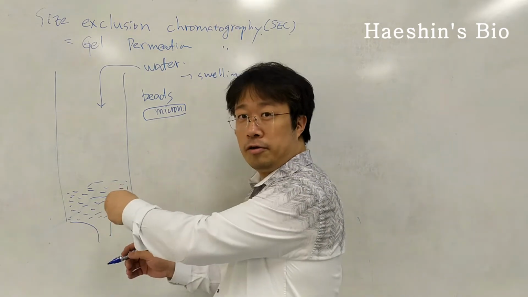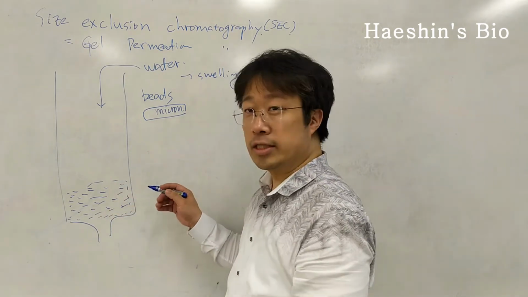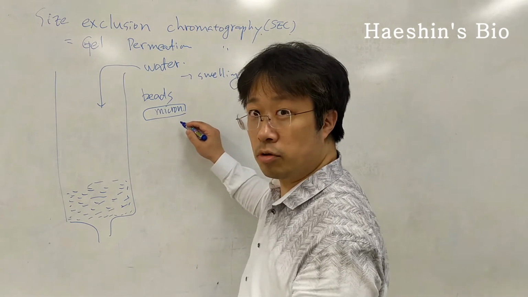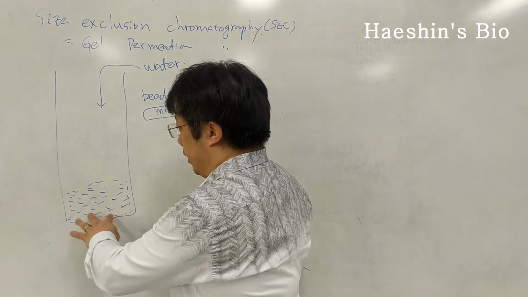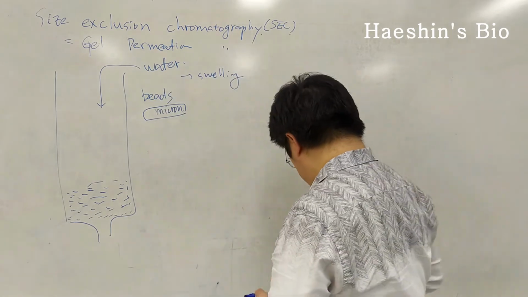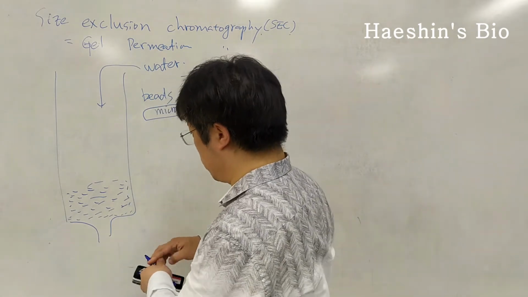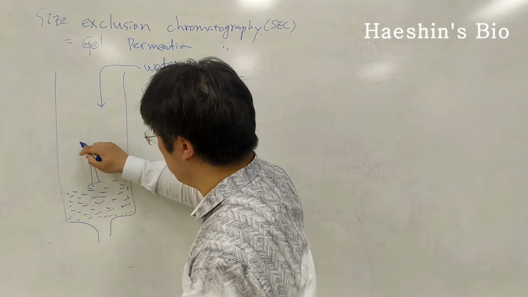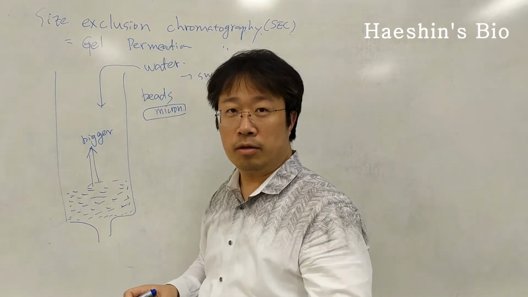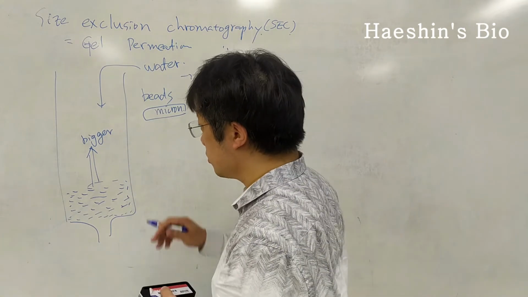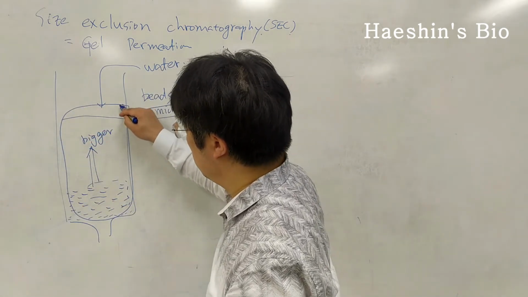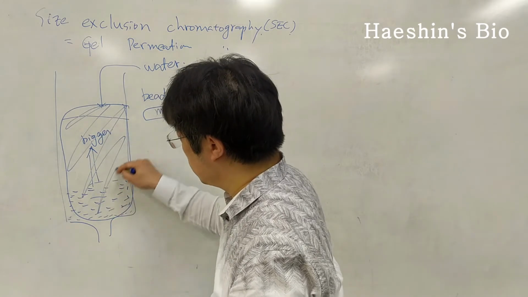Similarly here, the beads are basically polysaccharides or synthetic polymers. You can use both. This is a dry powder, but as soon as we add water, the beads swell, so the overall volume becomes bigger, similar to the rice example. And they become like huge fillings like this.